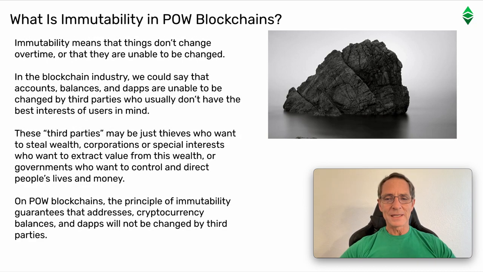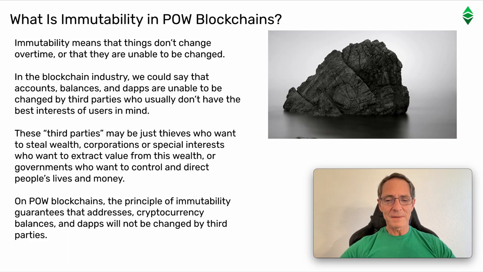What is immutability in Proof of Work blockchains? Immutability means that things don't change over time, or that they are unable to be changed. In the blockchain industry, we could say that accounts, balances, and dapps are unable to be changed by third parties who usually don't have the best interest of users in mind.